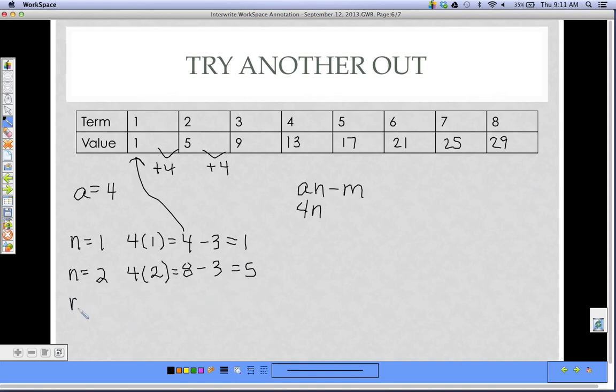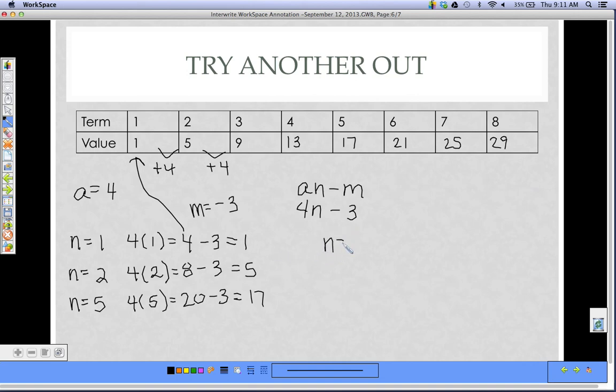Let's move up to 5 just to double check. So 4 times 5 gives us 20, and we need to get to 17, so once again, minus 3. So what this means is that our m value is equal to negative 3. So now, minus 3. And we can go ahead and check some more.